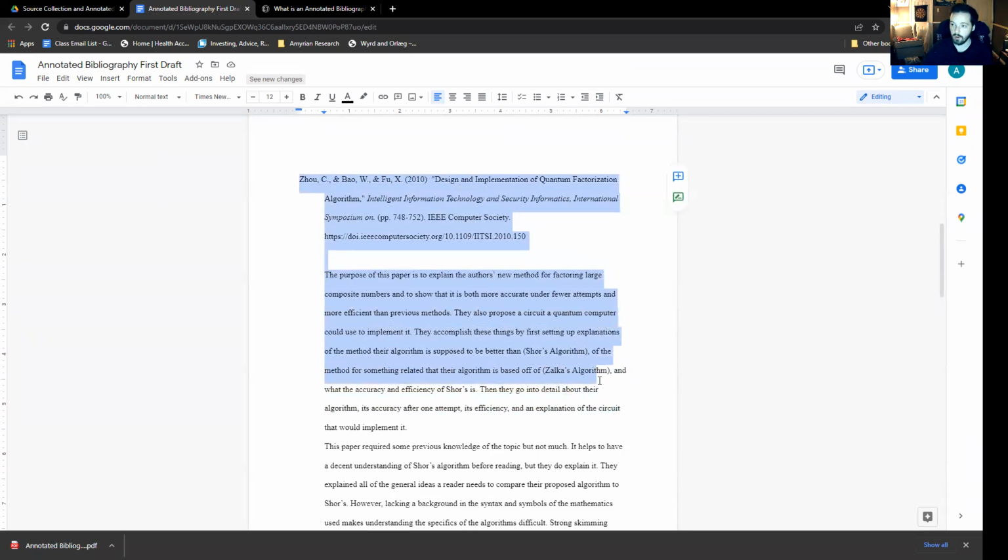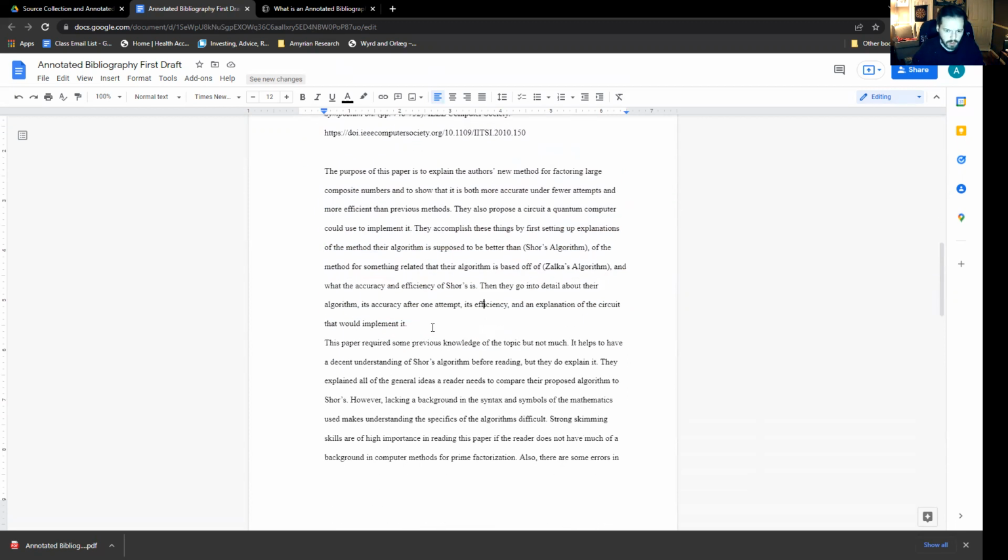You really don't want to go over a page, even if you have a really long source. Again, this is about helping your fellow researchers and just giving them what they need. And remember, if they're interested enough in the source and what's going on in the broad sense, they'll go for the details themselves. They don't need it from you.